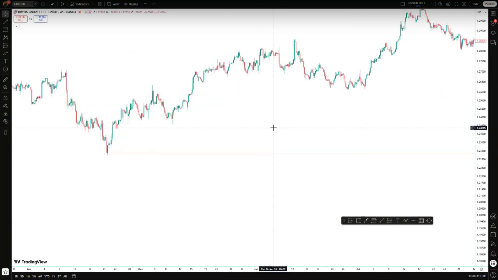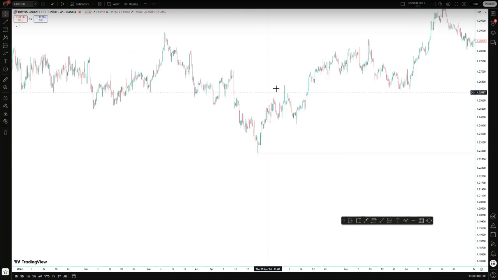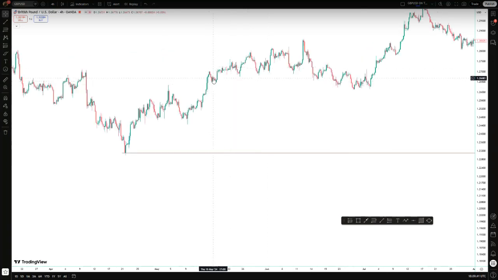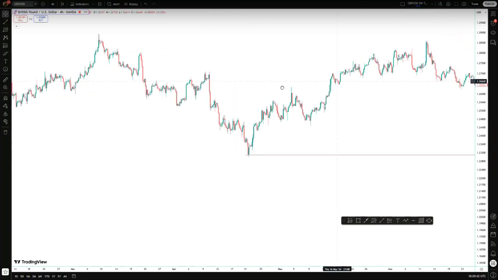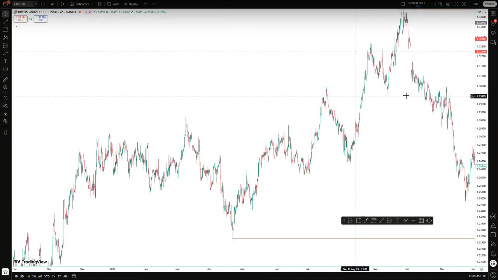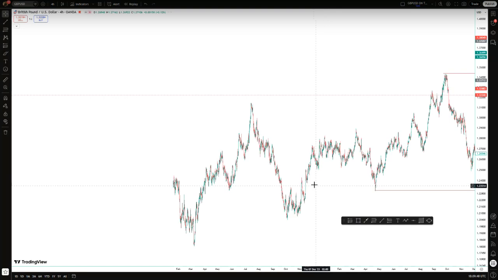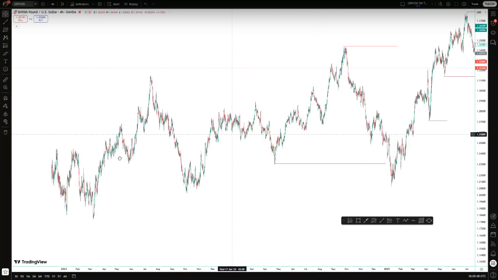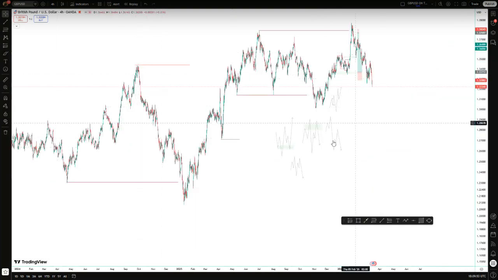There are two things that make up the chart. Number one, the candlesticks, and the directions of the candlesticks. So there is a movement, which is direction, and then there is a definition.